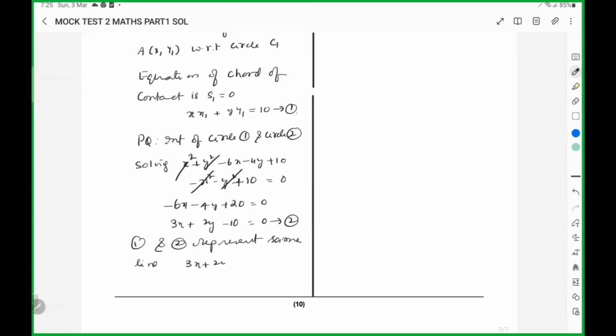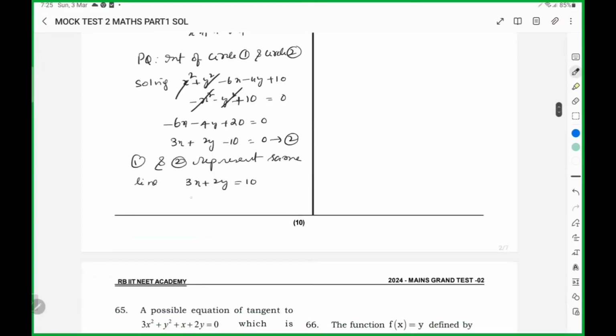That is 3x plus 2y is 10, and xx1 plus yy1 is 10. So x1 by 3 plus y1 by 2 is 1. X1 comma y1 is 3 comma 2.